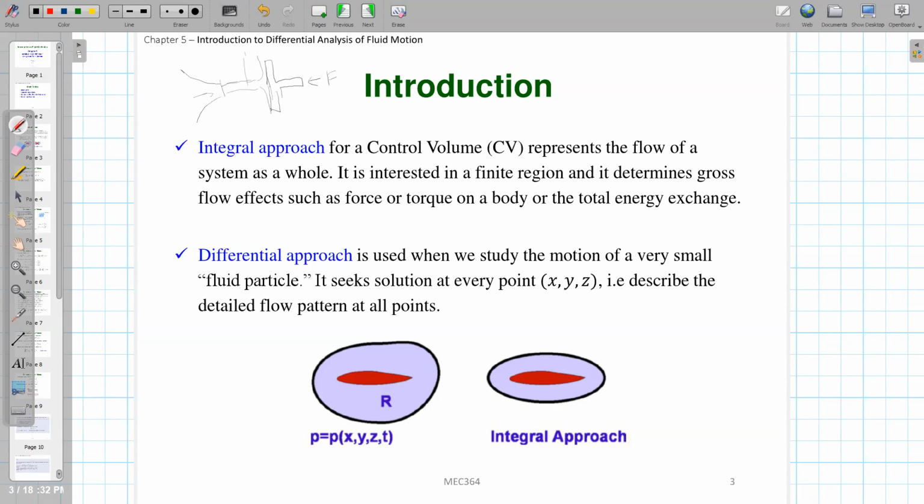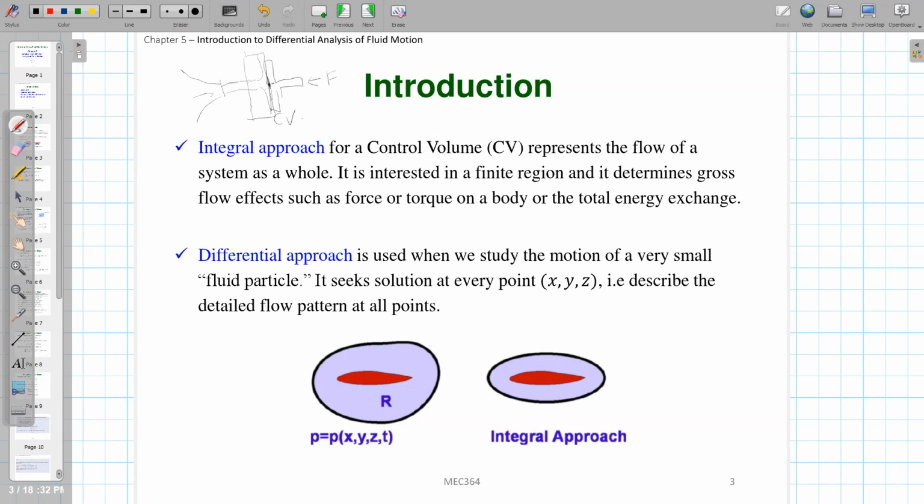When we define the control volume, we define it this way, as CV. From the integral form of the equation, we can only know what's happening at the interface between this control volume and this solid surface.